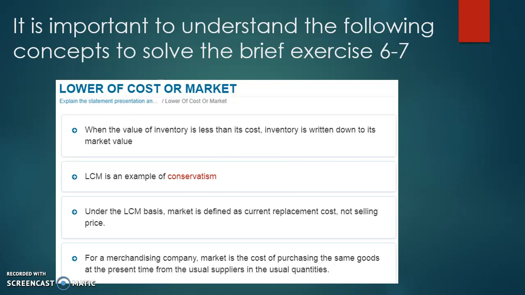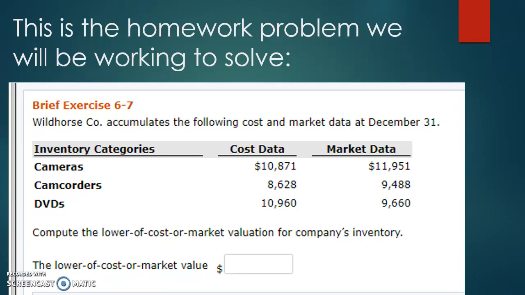So let's dive into the exercise. Basically, in this exercise, they wanted us to find the lower of cost or market value of these three inventories. This is the cost data, and this is the market data.